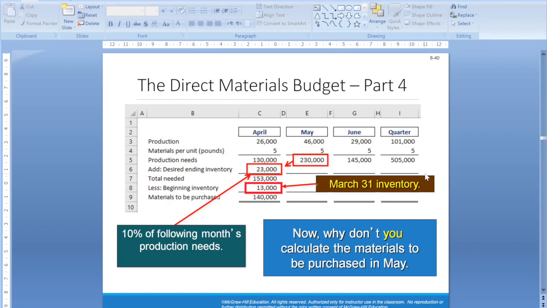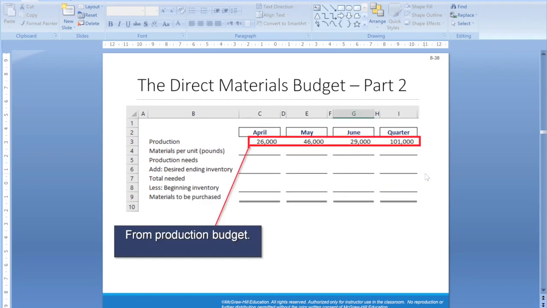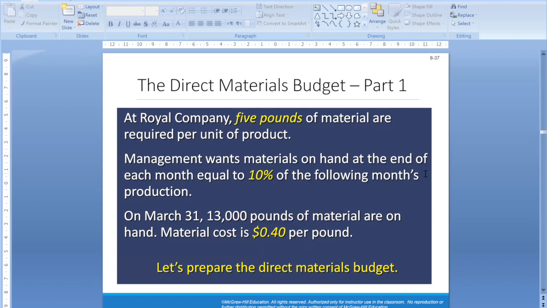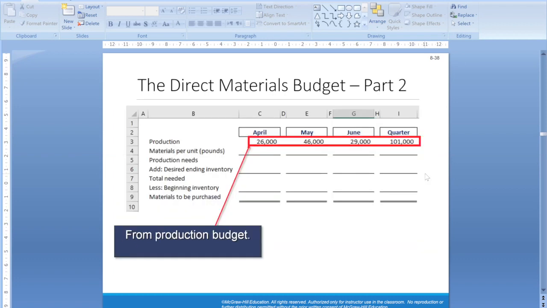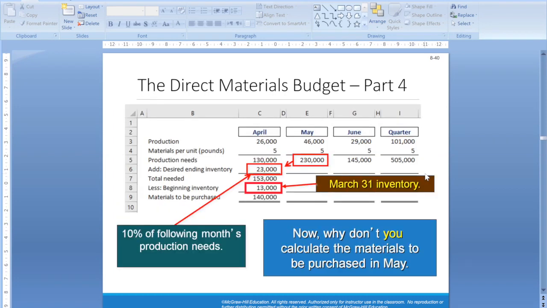But I already have, according to the question, on March 31st, which is before April, which represents the beginning inventory of April, 13,000 pounds of materials. So I don't need to buy these 13. I have it in my warehouse. So the 153 minus the beginning inventory, which is 13,000 from the March 31st inventory, and then the answer will be the materials to be purchased in April, which is 140,000.